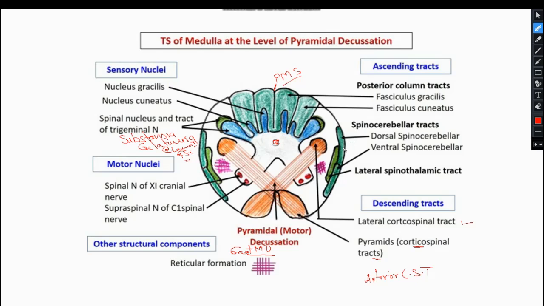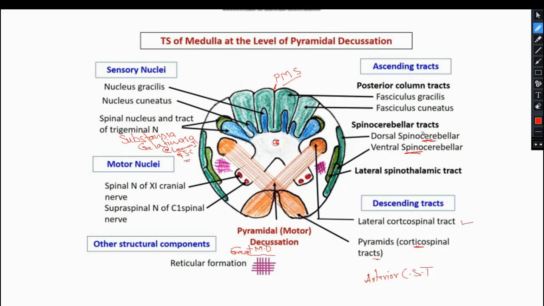In the lateral column we can see the fibers: one group is the dorsal spinocerebellar, and the other, which is ventrally present, is the ventral spinocerebellar, and we see another, the lateral spinothalamic tract.